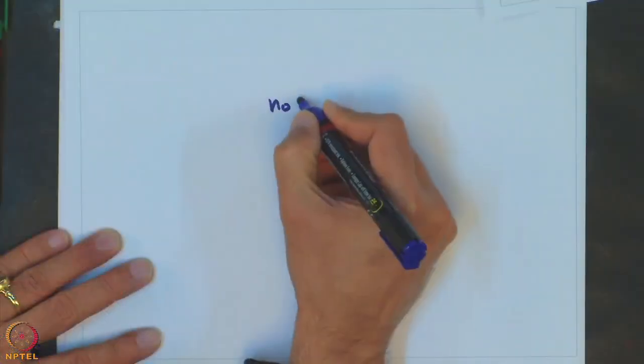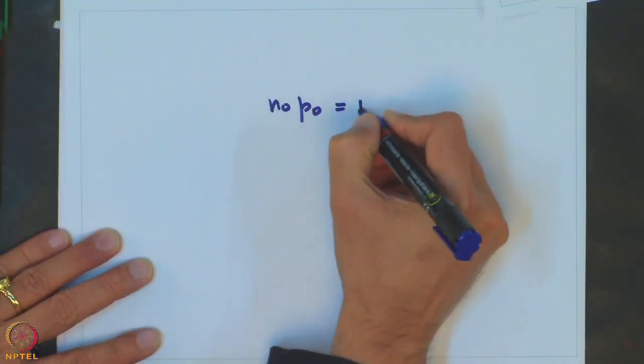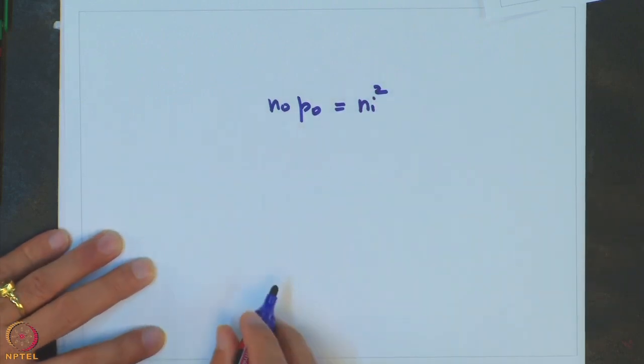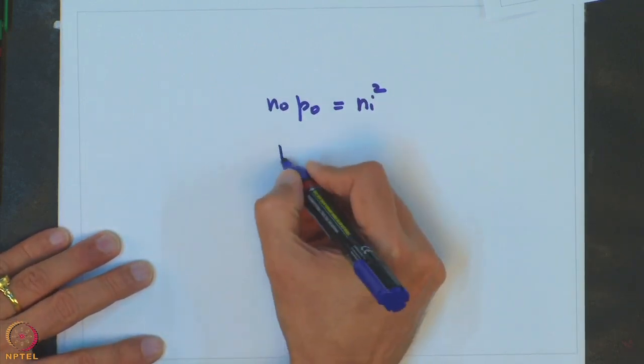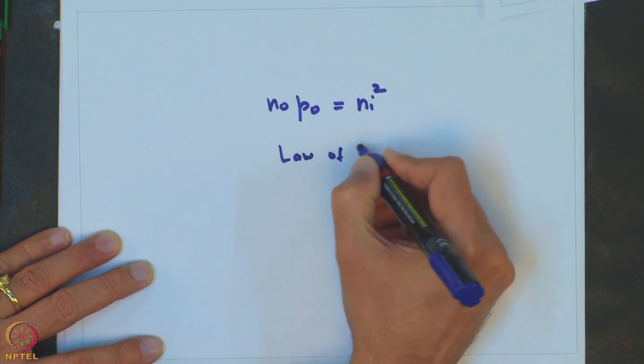Therefore, even after doping, the product of the thermal equilibrium densities of the electrons and holes, which we now define as N naught and P naught, still remains equal to the square of the intrinsic densities of the holes and electrons. So, we could write N0 P0 equal to Ni square. This is a very important relation, and it is also called the law of mass action.